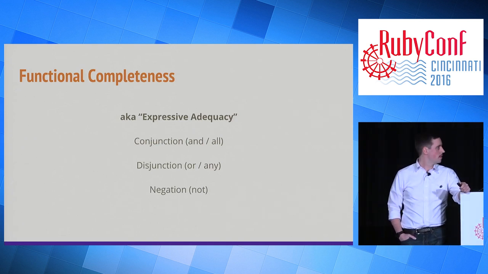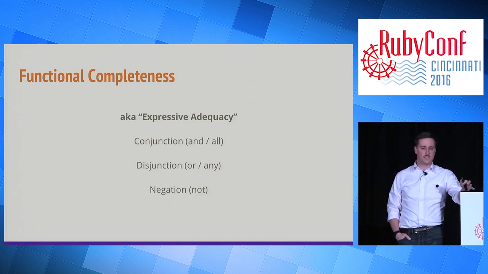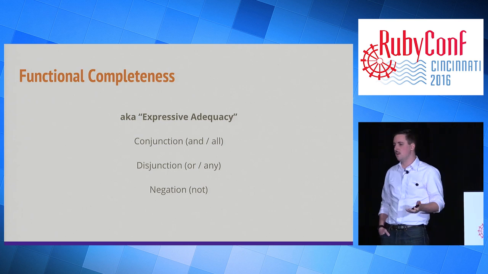The relations that we deal with, or really any relation that we need to deal with, anything we need to describe to the computer to solve these problems, can be built up out of very simple logical building blocks. There's a concept called functional completeness, or expressive adequacy, where if you've got a few very simple logical operators, you can do anything you need to.